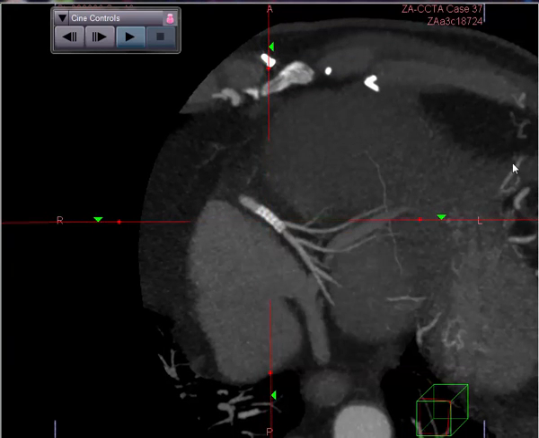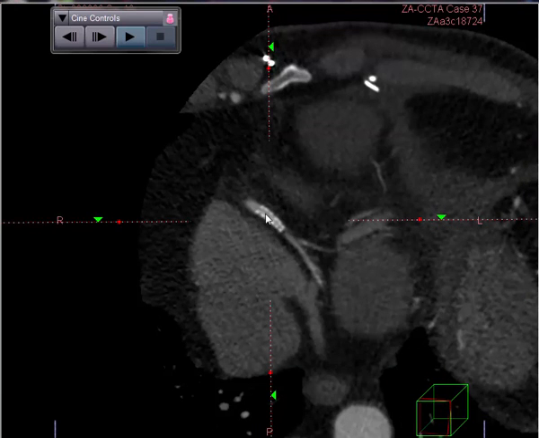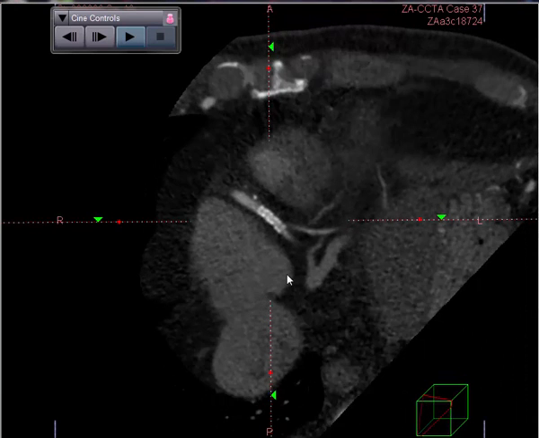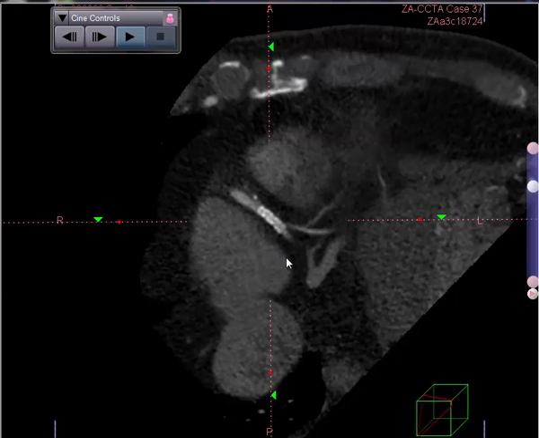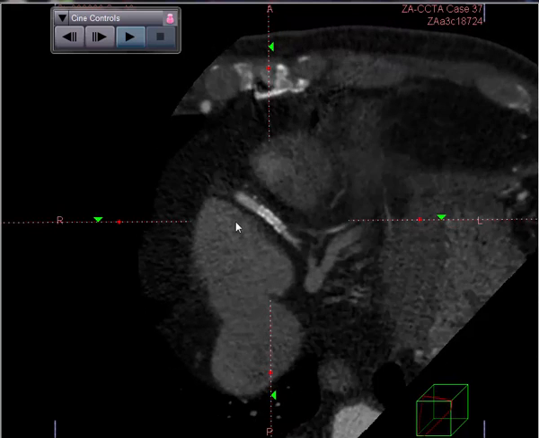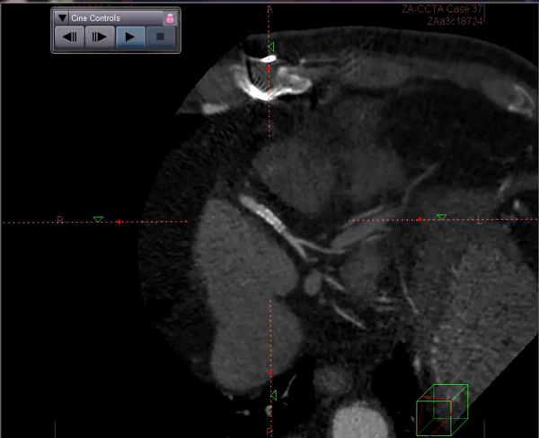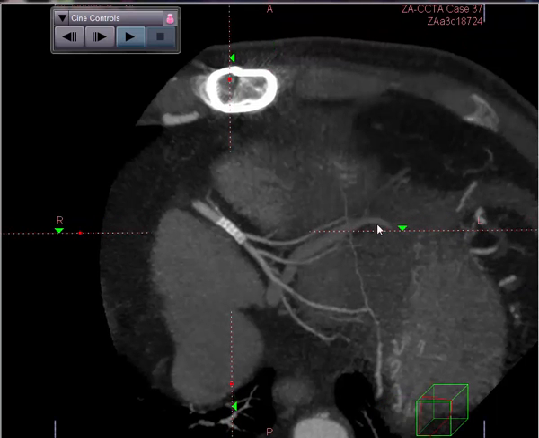I'm going to switch to an MPR view. It's a bit more difficult to evaluate, but this is clearly widely patent. Probably having done a harder kernel than this type of reconstruction would have helped, but I believe that graft is perfectly acceptable. We want to turn briefly to the native coronary arteries.